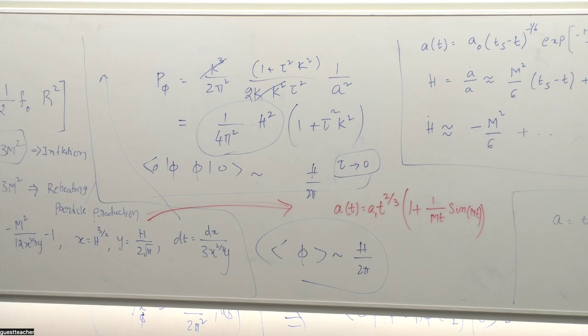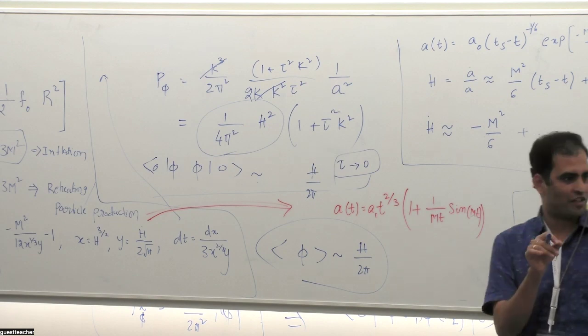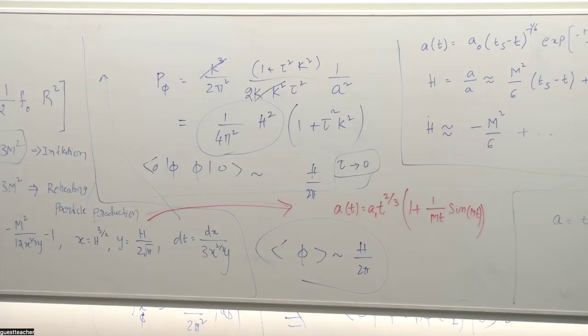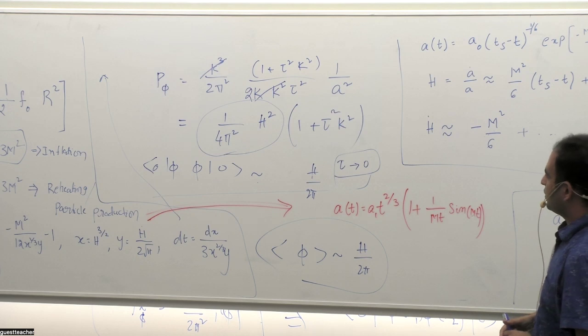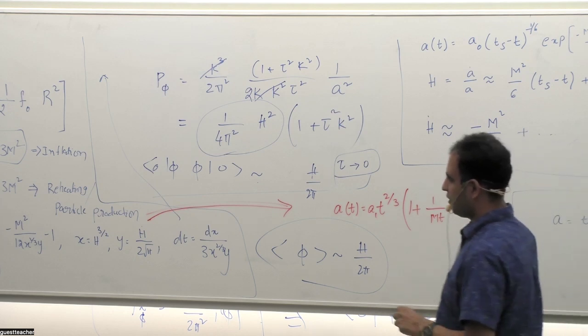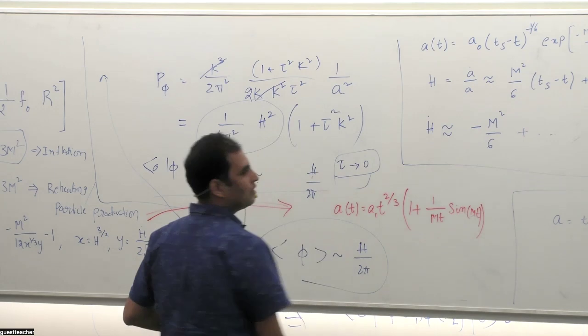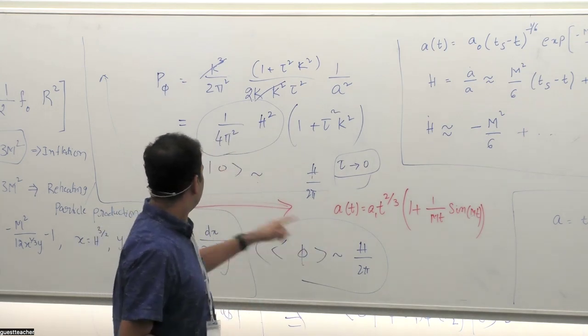You are placing a scalar field in a curved spacetime, and the curved spacetime here is de Sitter, characterized by the Hubble parameter square, and each fluctuation carries some amplitude of h by 2 pi. It's also related to the temperature of de Sitter, which is a more formal aspect of understanding de Sitter space. But all the physics behind these formal aspects of de Sitter space is basically this calculation.